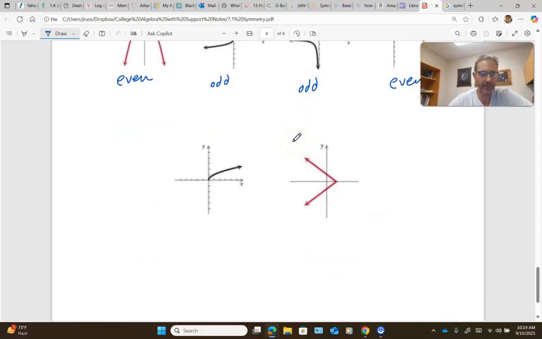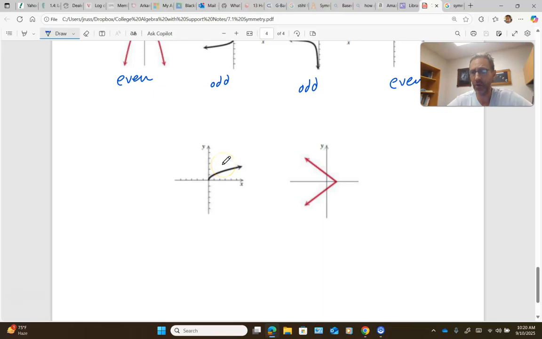All right, let's look at a couple others. All right, this fifth one. This is the graph of a function, but it's a function that we haven't studied yet. It's actually a square root function. But because it only exists in one quadrant here, it doesn't have any kind of symmetry.